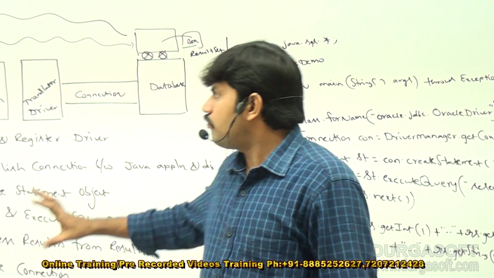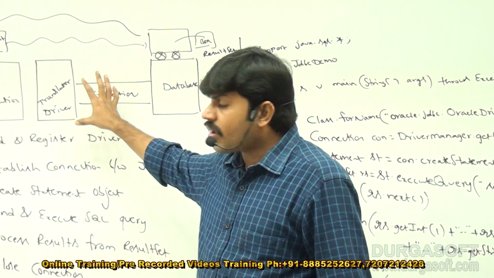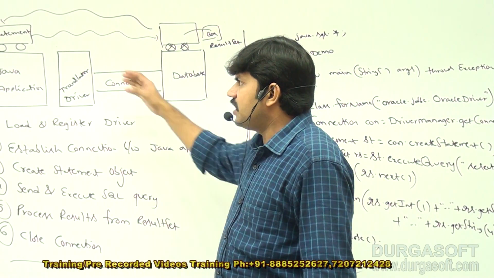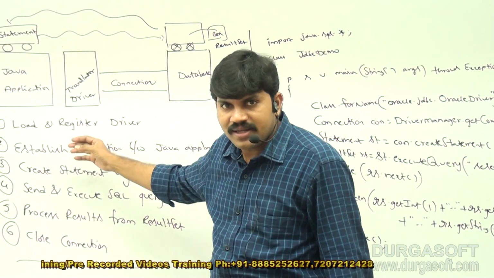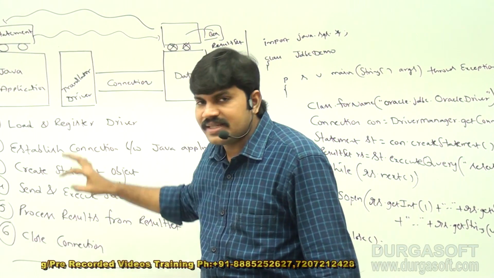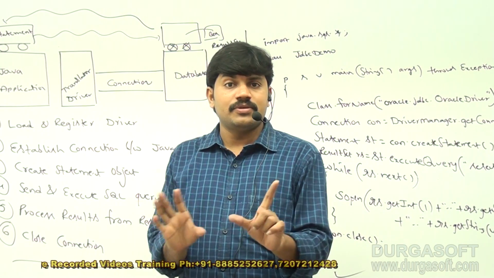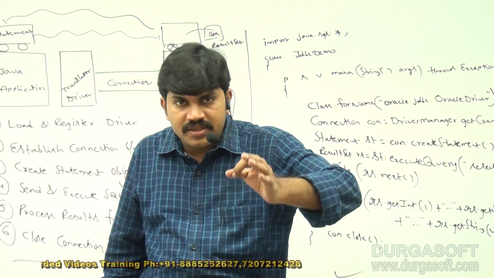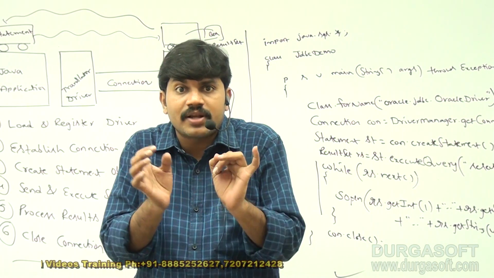So what is a simple JDBC application? Amirpet, XYZ place, vehicle, road, translator, and so on: these are the things I converted into JDBC words. What is a driver? What is the purpose of the driver? What is the statement? What is the ResultSet? What is the connection?